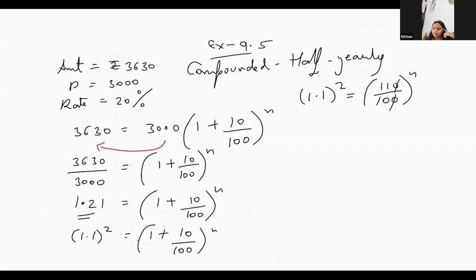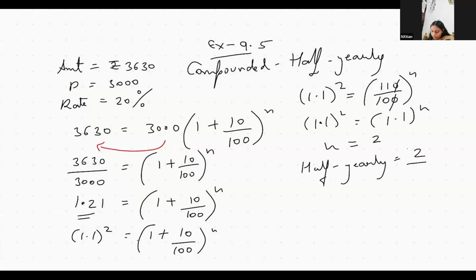So 1.1 square equals 1.1 to the power n, so n will be 2. But for half yearly, we divide: 2 by 2 equals 1. Simple like that. Hope it's clear.